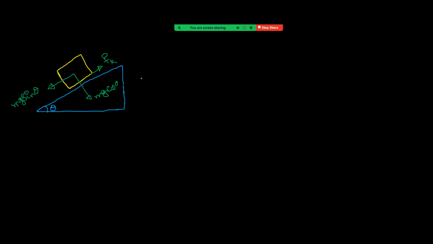Let us see. Since the condition is given uniform velocity, net force 0, from that we can say along the incline net force must be 0. That means the frictional force, which is kinetic because it is sliding down, must be balanced by mg sin theta.